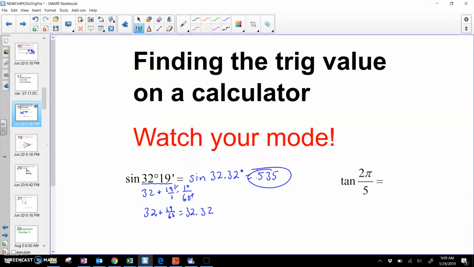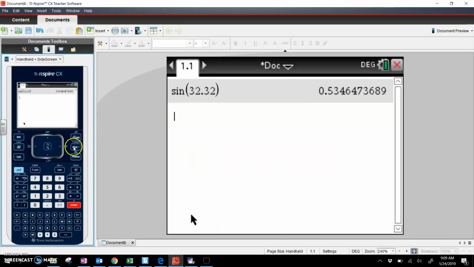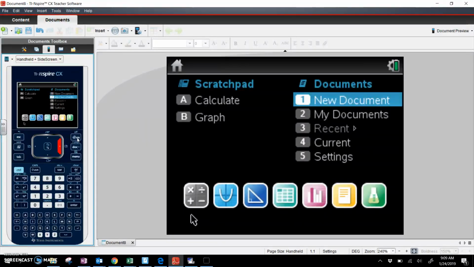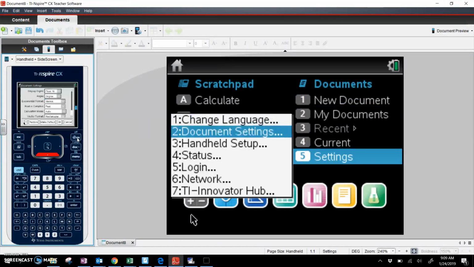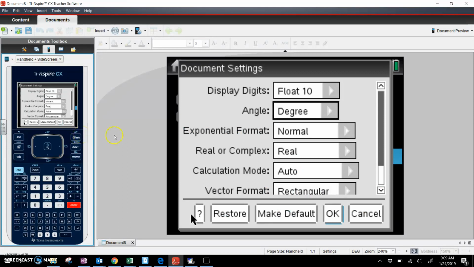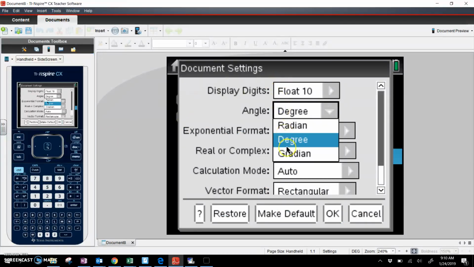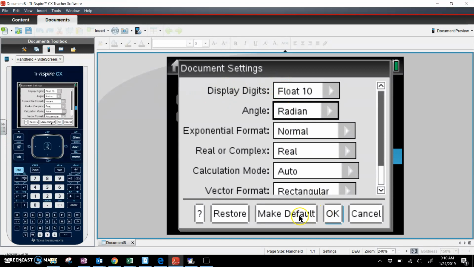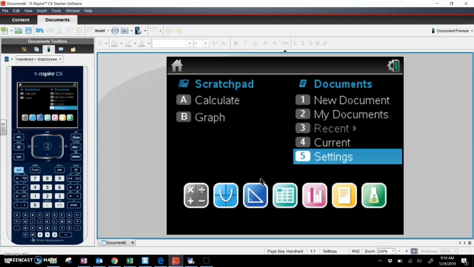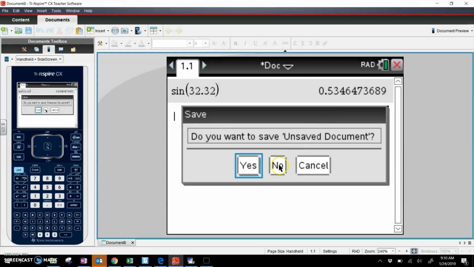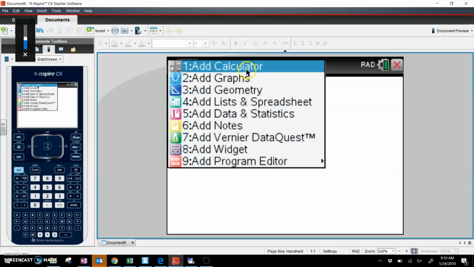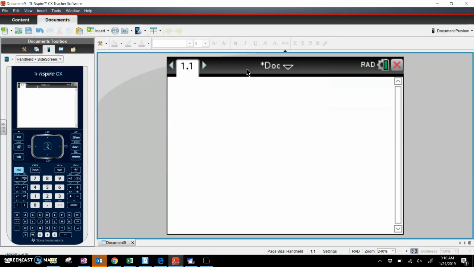And then if I want to find the tangent of 2 pi over 5, then I would just have to switch my calculator to radians. Again, on this calculator, I have to go back to the home button, down to settings, change document settings, go down to angle measure, change it to radians, and make default. Now this is where it's important that we're using documents and not Scratchpad, because the Scratchpad doesn't necessarily make these changes.